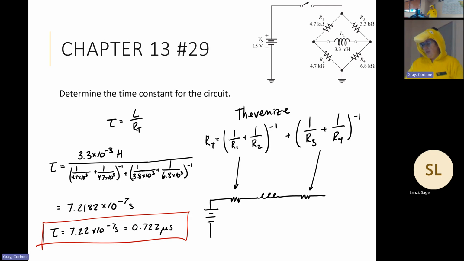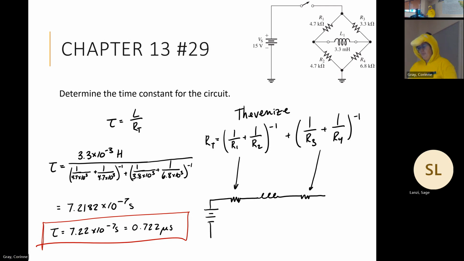R2, 1 over R. No, R2 plus R4 is parallel with it, because of how it's connected to the source. So you can't just ignore the fact that the source is there. Unfortunately. Otherwise it would be a lot easier. So you're starting from both ends. Kinda, yeah. And then you're going to the source back.